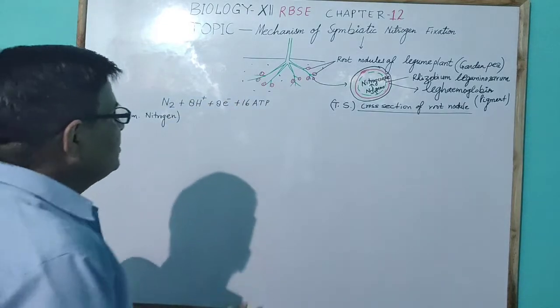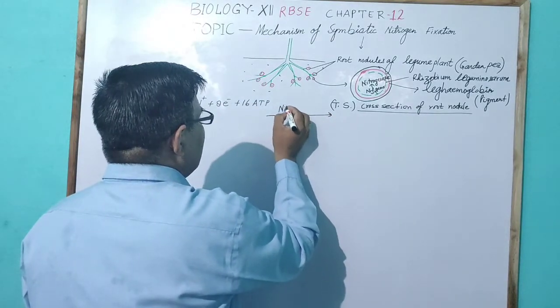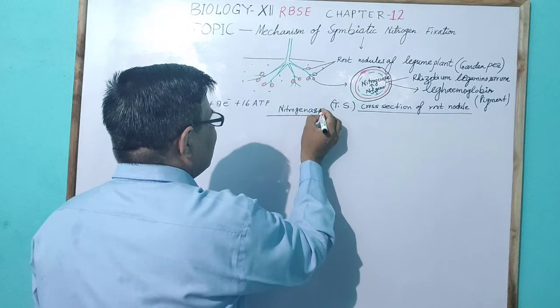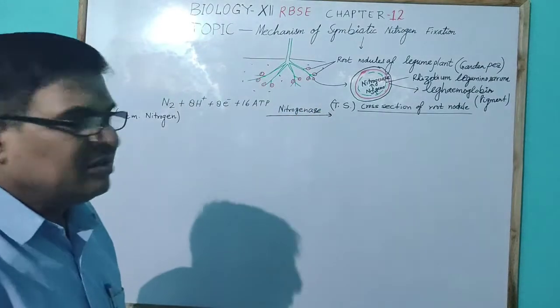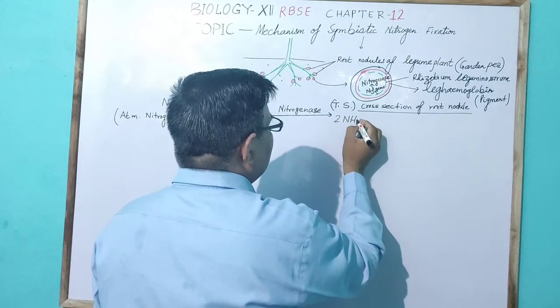A total of 16 ATP is required, and in the presence of the enzyme nitrogenase, a type of protein, the product formed is 2 molecules of ammonia.